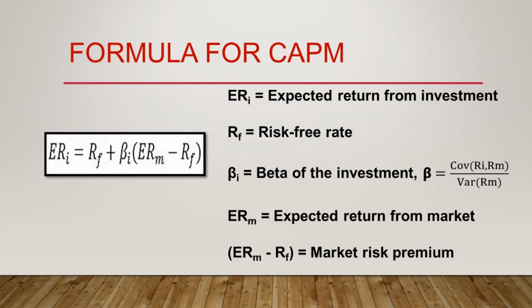Whatever extra you are getting as return, if you have not invested in the lower-risk secured government bonds and you have invested in equity by taking higher risk, you need to have a certain premium. That difference is actually the benefit which you are getting by not investing in government secured bonds and investing in the equity market.